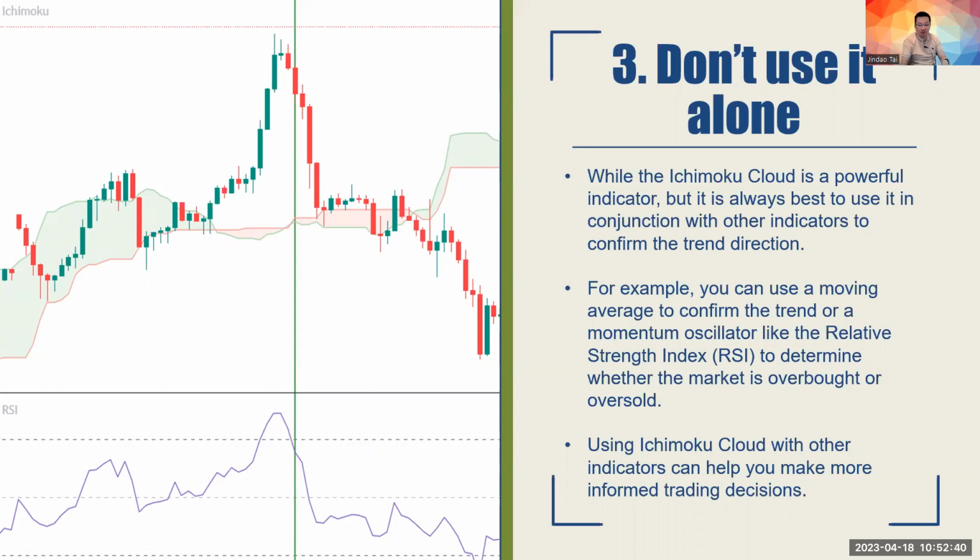In this example here, you can use a moving average or you can use the RSI. I've applied the RSI here, and you can see that as RSI turns down from the overbought region, price is also turning down from the top and trading back down into the cloud, breaking through the cloud and showing further downside potential.